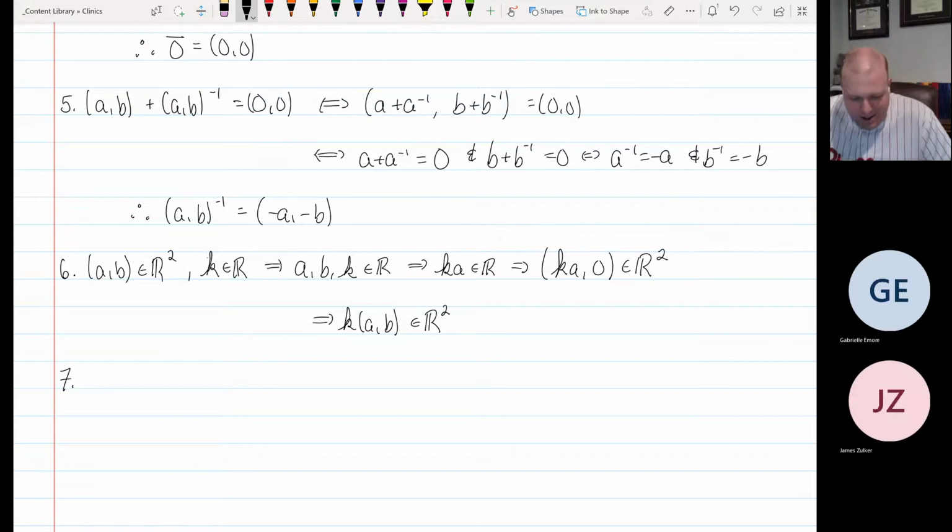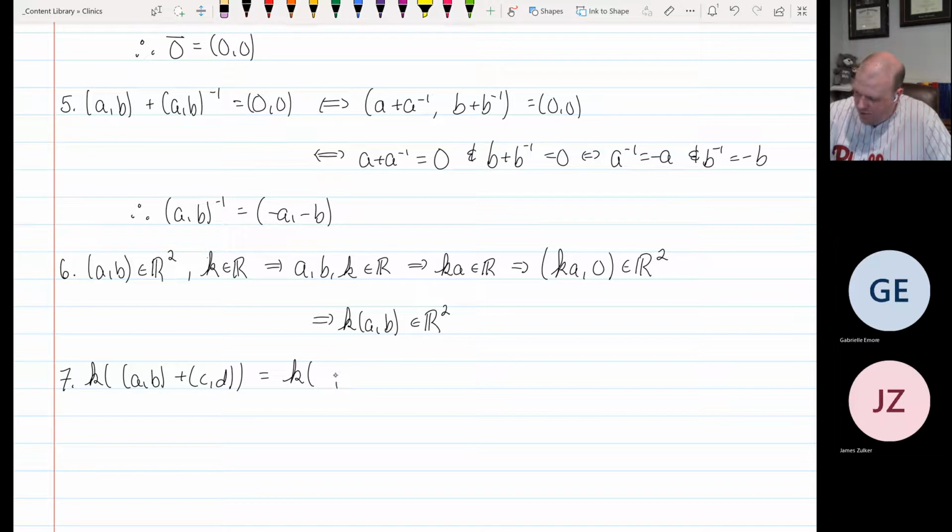The seventh axiom is distribution across vector addition. So perform the addition first.